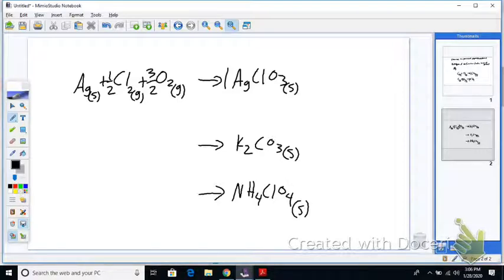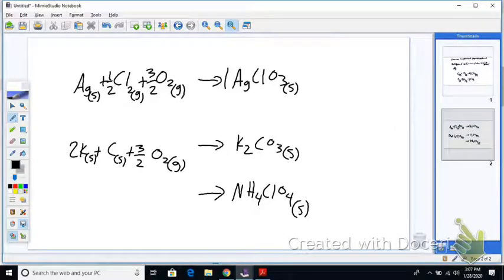So the first one would be 2K solid plus carbon solid plus O2, would that be 3 halves? Yeah, O2 gas. Okay.